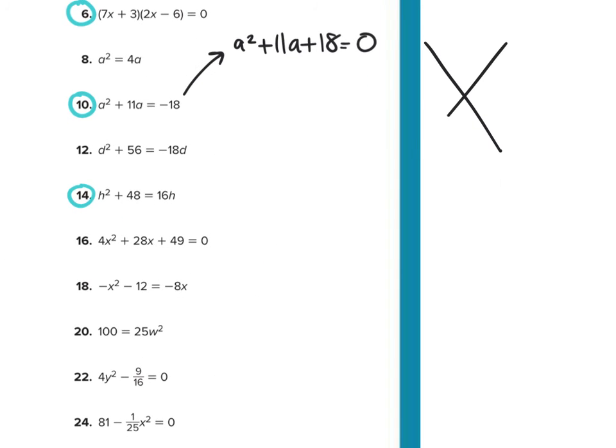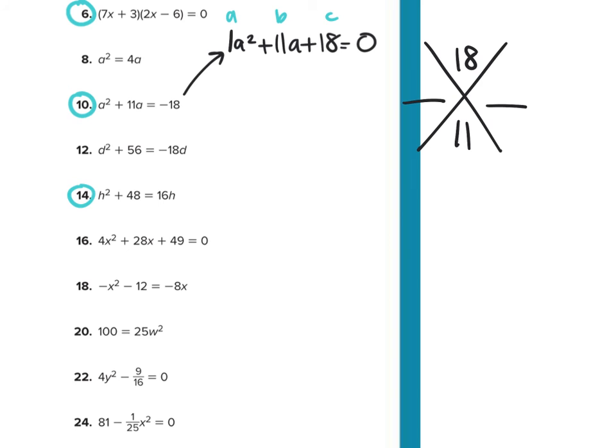Okay, now you do your x. So the top number, a times c, would give us 18. What do they need to add to? What's the b? So a, b, c. 11.